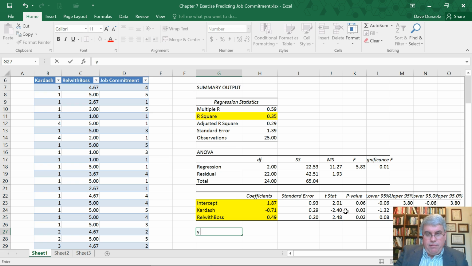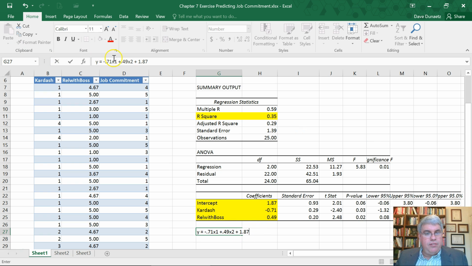Y equals, and we put a space before the equals, space after equals, then the X1 is the Kardashians, so it's minus 0.71 X1, and I'll change that into a subscript later, plus 0.49 X2 plus 1.87, the intercept we add on at the very end. So it's the Kardashians times minus 0.71 plus 0.49 times the relationship with the boss plus 1.87.